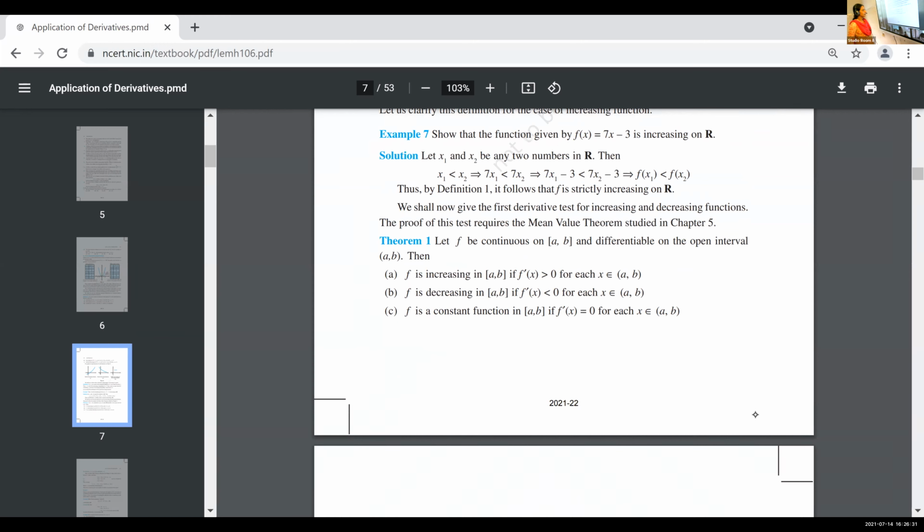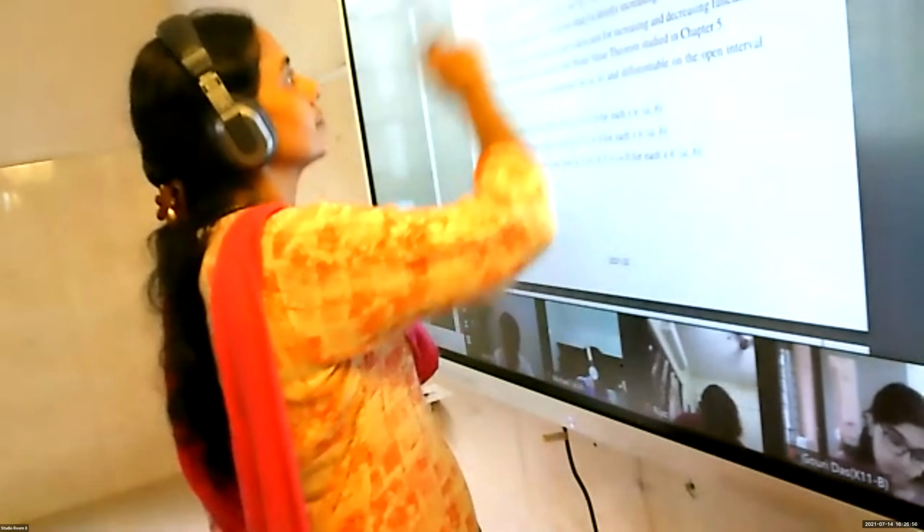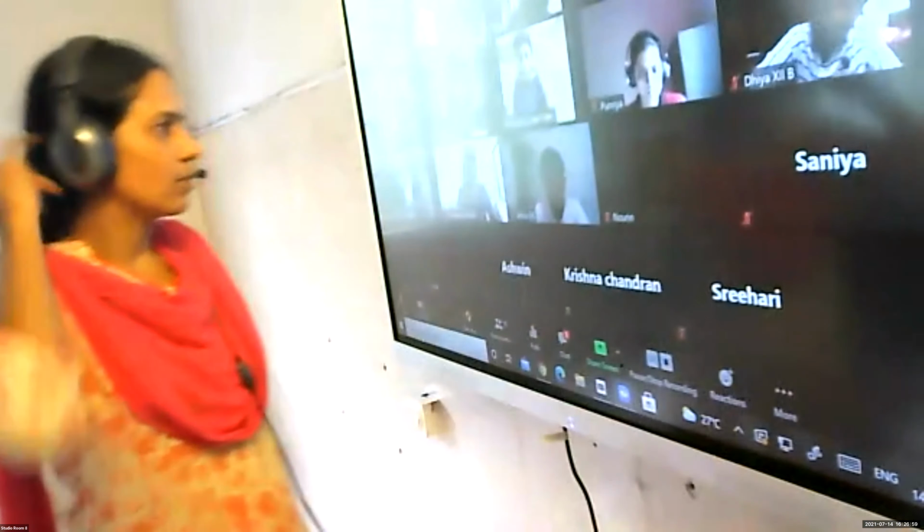Then f is increasing in [a, b] if f dash of x is greater than 0, and f is decreasing in [a, b] if f dash of x is less than 0. And f is a constant function if f dash of x equals 0.